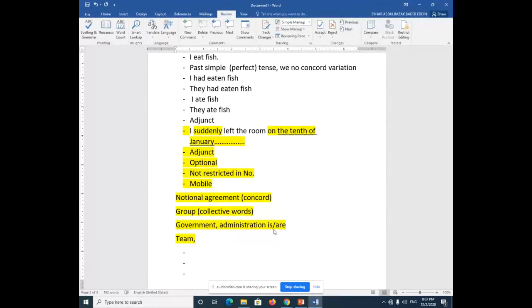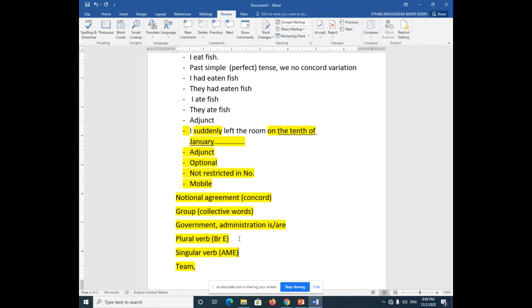Both are fine: the government is or the government are. However, if you use a plural verb, then you are using the British style. But if you use a singular verb, then you are imitating the American style.